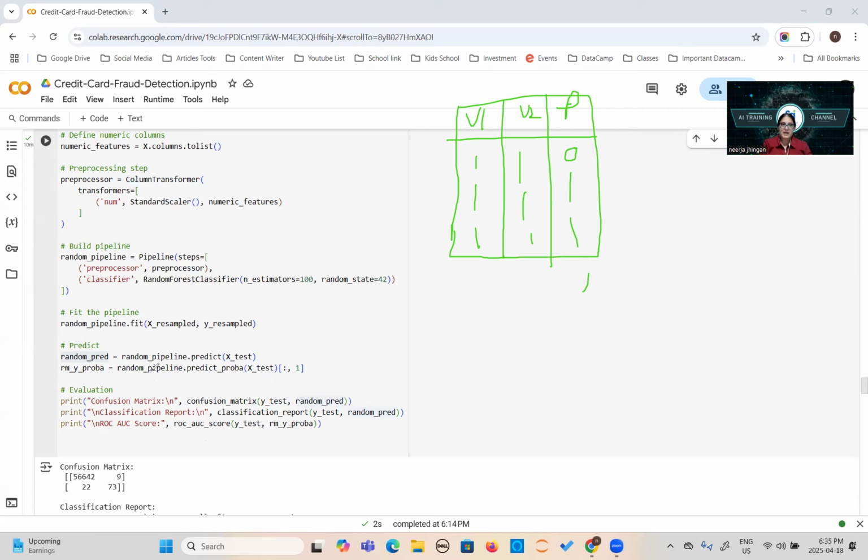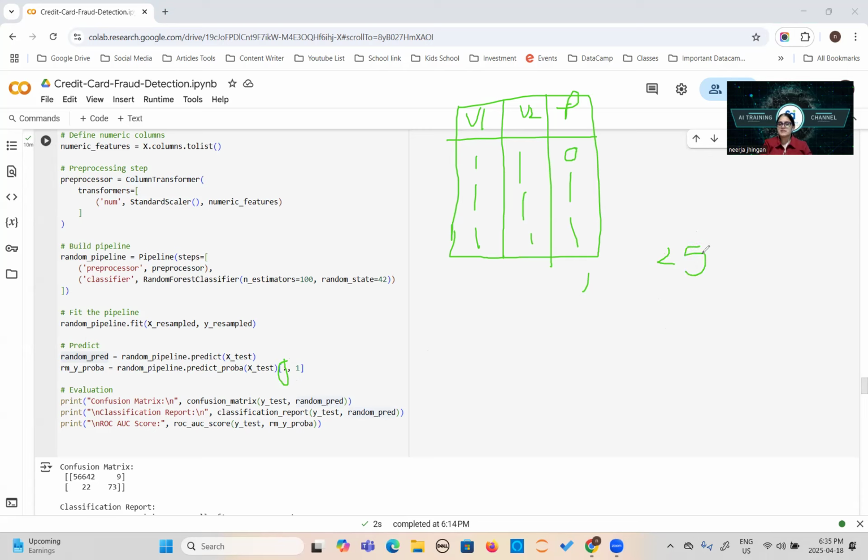So how would we do that? We will use predict underscore proba. Instead of using only predict, we will say predict underscore proba, and then X test. What is this? This is all the records from the X test. By default, it is divided into 25%.